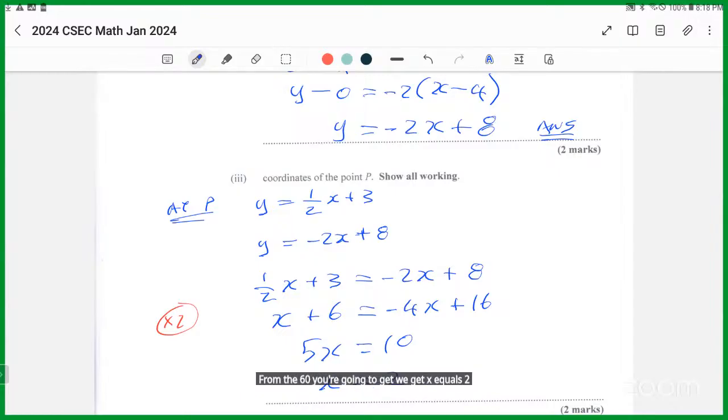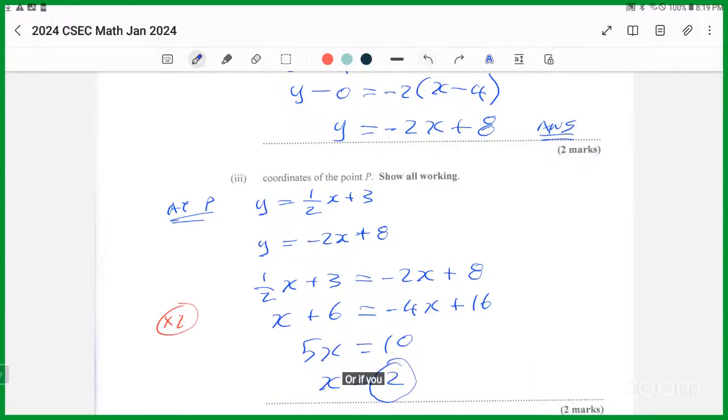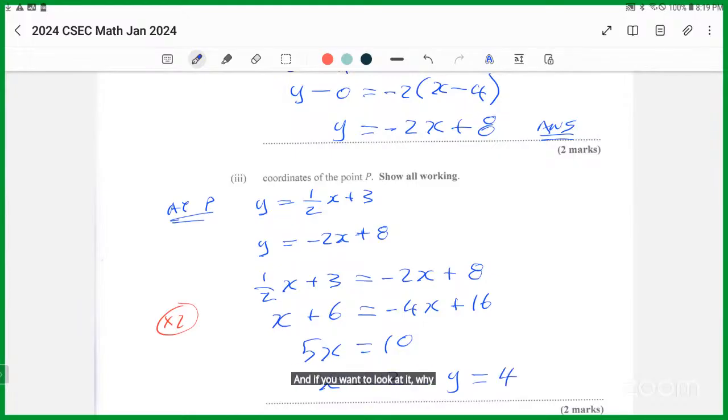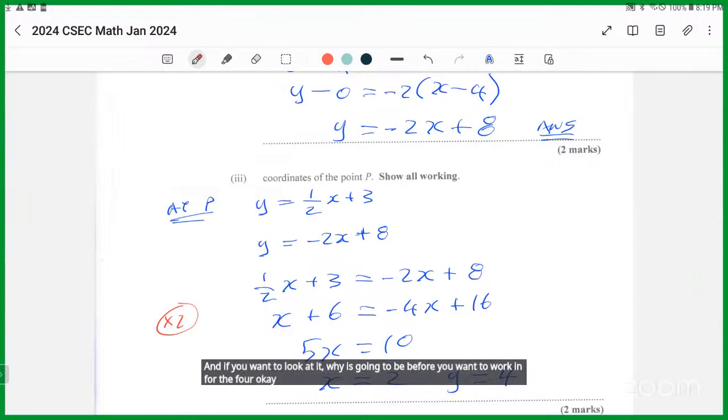Everybody can see that? Then the y value is obtained by simply substituting it back in here, for example. Or if you like, you can substitute it in the first one. And then half of 2 is 1. 1 plus 3 is 4. Any way we look at it, the y value is going to be 4. If you want to show working for the 4, we can put it in this equation.